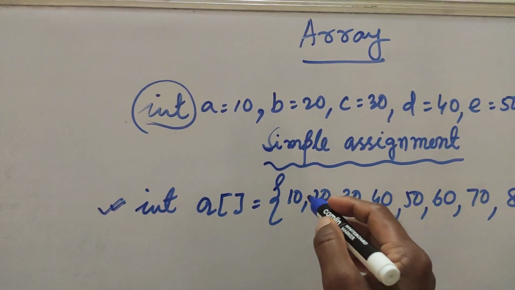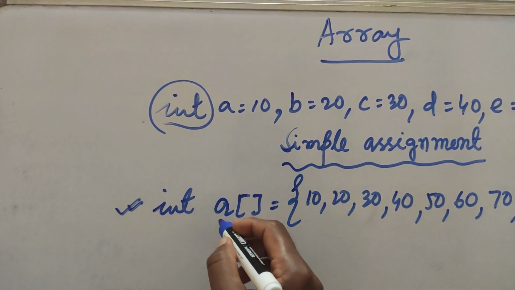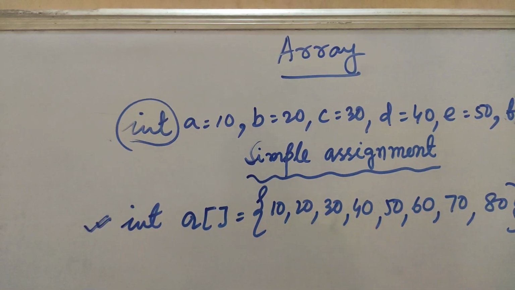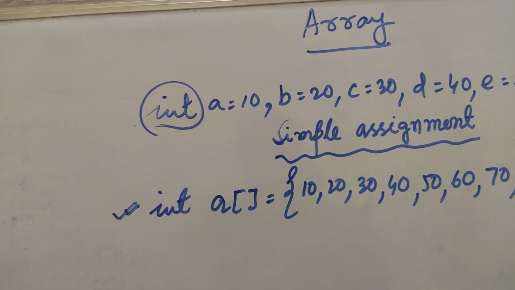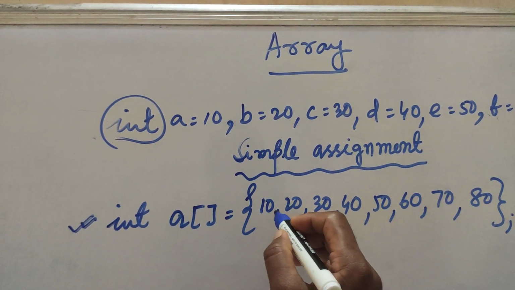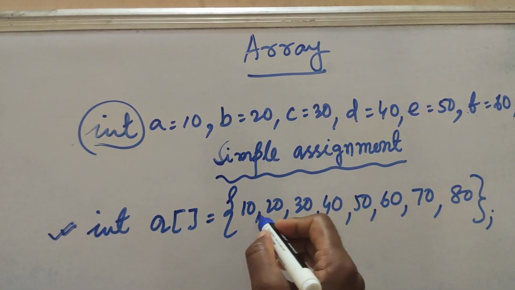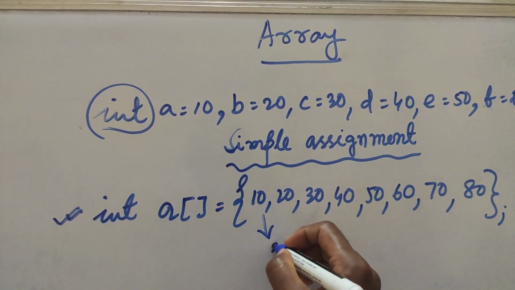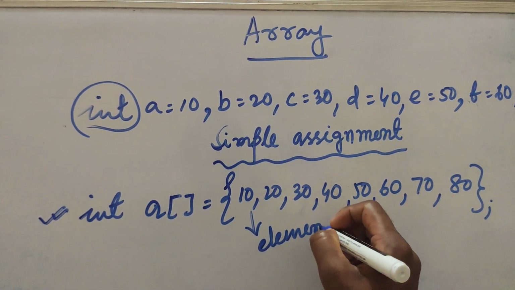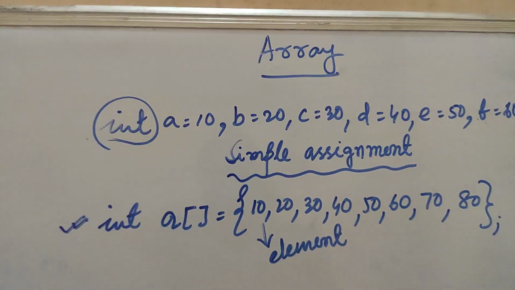Now, how does the computer understand which value will come in a, and where 20 will come? For that, the values we are giving are called elements.